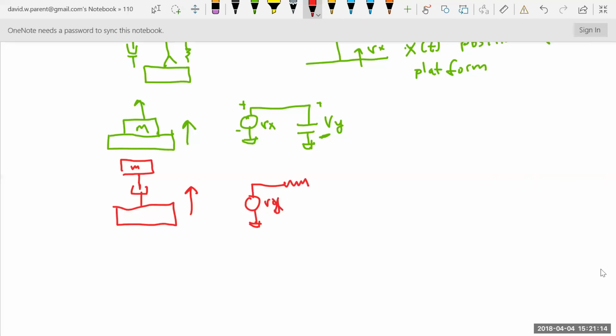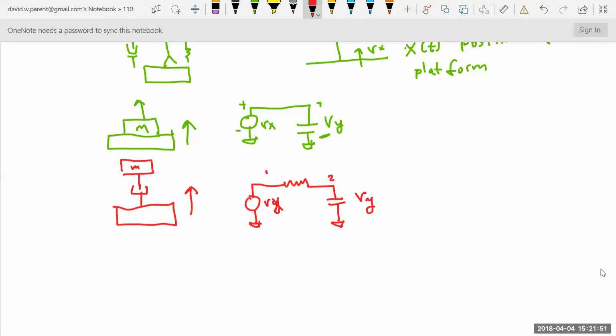You just draw a resistor, and then the mass, one end is connected here, and the other end of the capacitor is connected to ground, because the velocity of Y, the velocity of that capacitor, is the output. It's always measured with respect to ground. So when you draw this picture, you've always got to have one end of that capacitor tied to ground. Otherwise, it doesn't make physical sense.